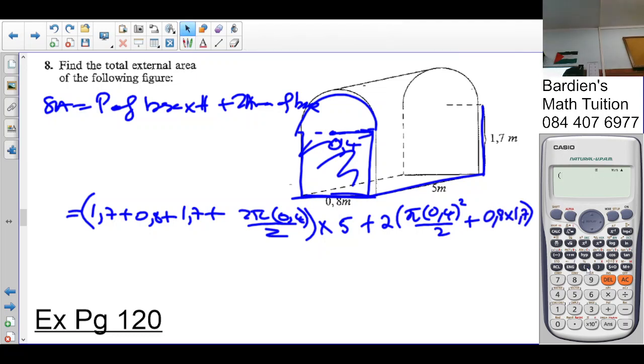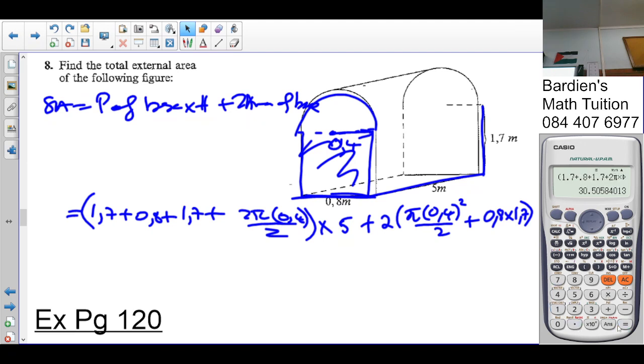Open brackets, 1.7 plus 0.8 plus 1.7 plus 2 pi times 0.4 over 2, times 5, plus 2 open brackets pi times 0.4 squared divided by 2 plus 0.8 times 1.7.